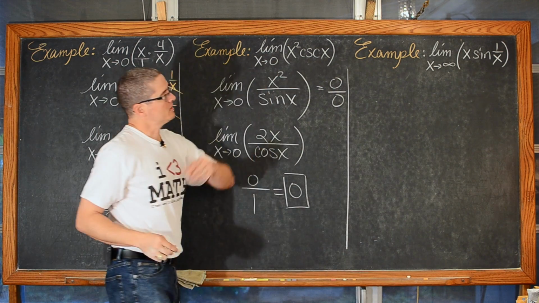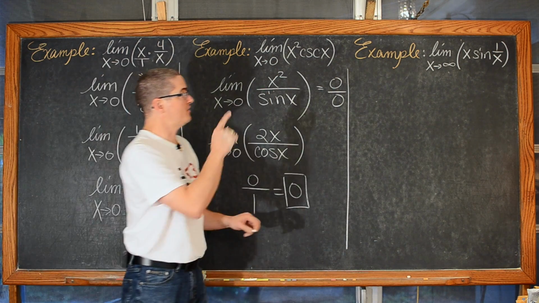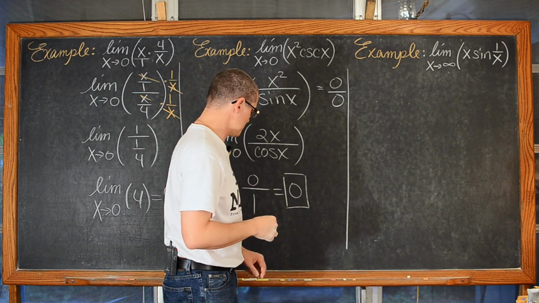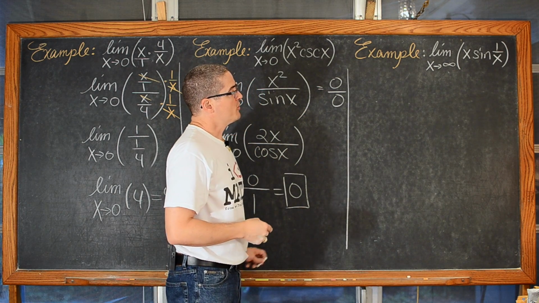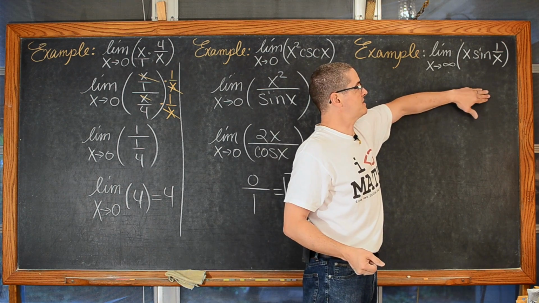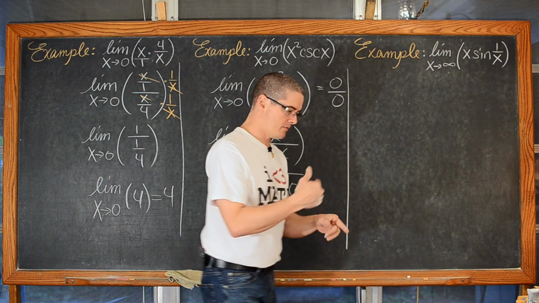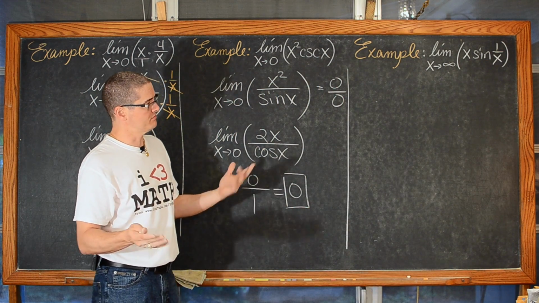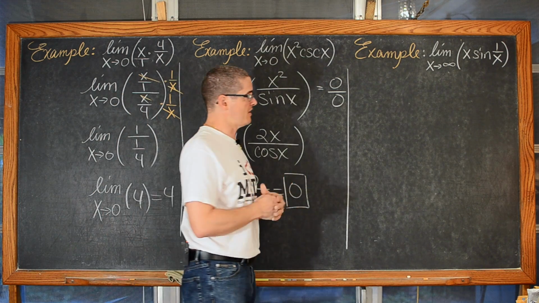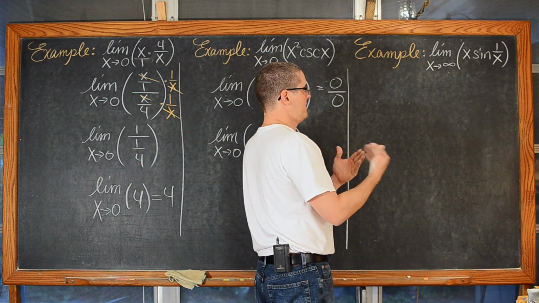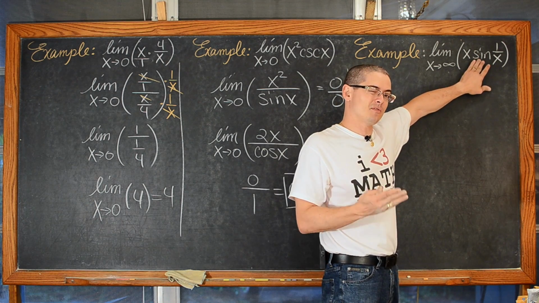Now the last one, the limit as x approaches infinity of x times the sine of 1 over x. Again, if I bring the sine of 1 over x down and divide by the reciprocal, that 1 over sine is going to become cosecant, which may work just fine, but why introduce a harder trig function when I don't think we need to?